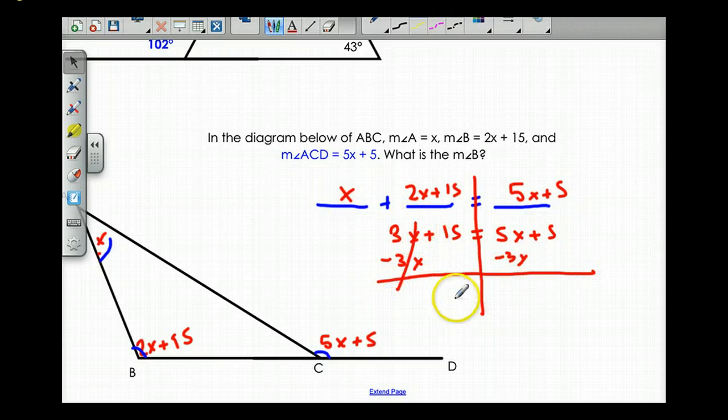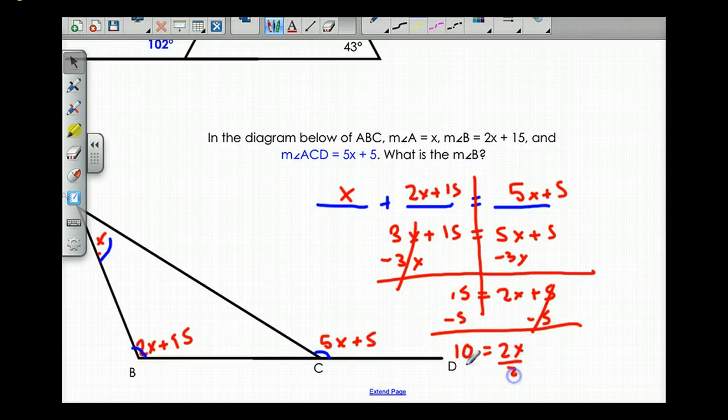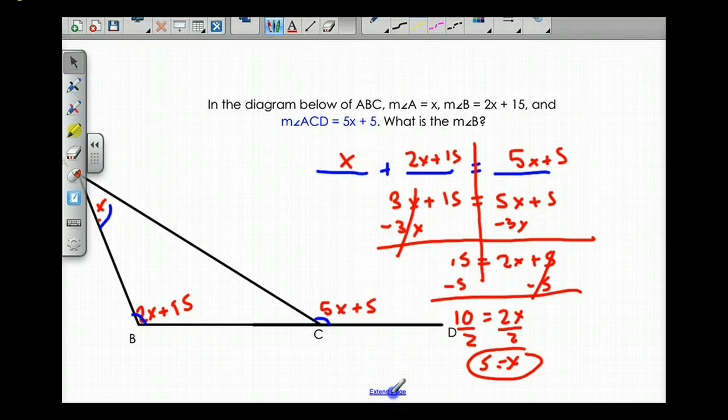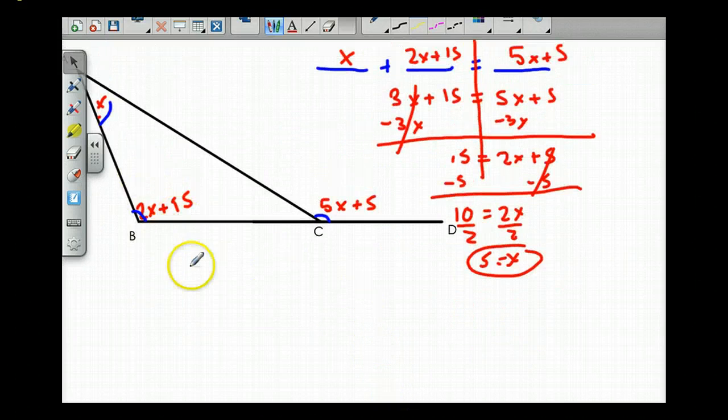That cancels out, and I get 15 is equal to 2x plus 5. To solve for x, I'm going to subtract 5 from both sides. That goes away, I'm moving it to the number side, and I get 10 equals 2x. Divide both sides by 2, and I get x is equal to 5. Wow, we did it. Now, we're not done though, because to find out what angle B is, I have to plug x in.